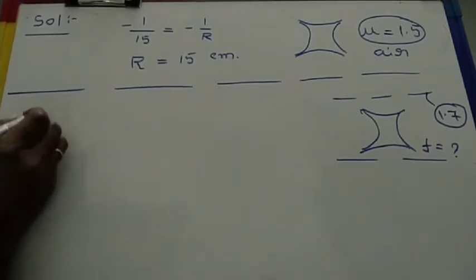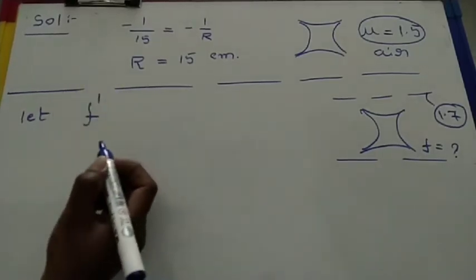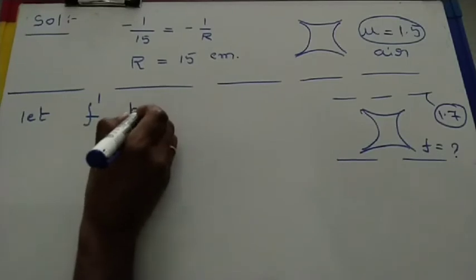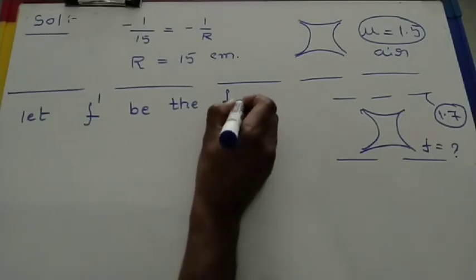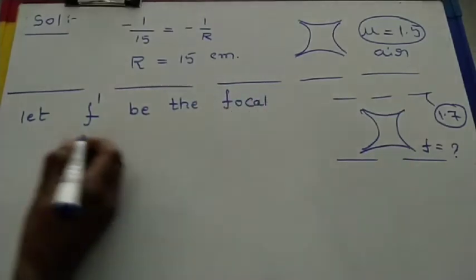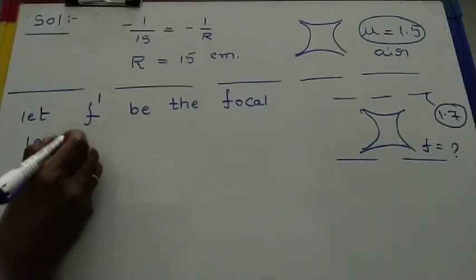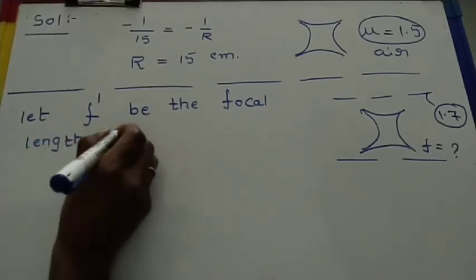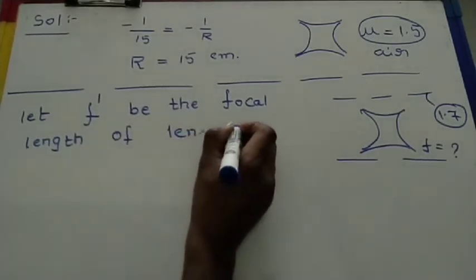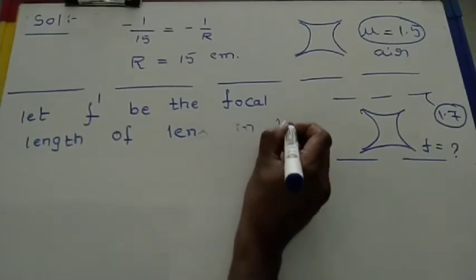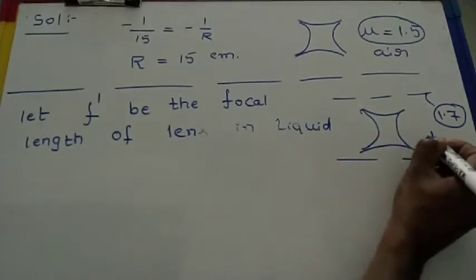Let F dash be the focal length of the lens in liquid. Okay, imagine it is F dash.